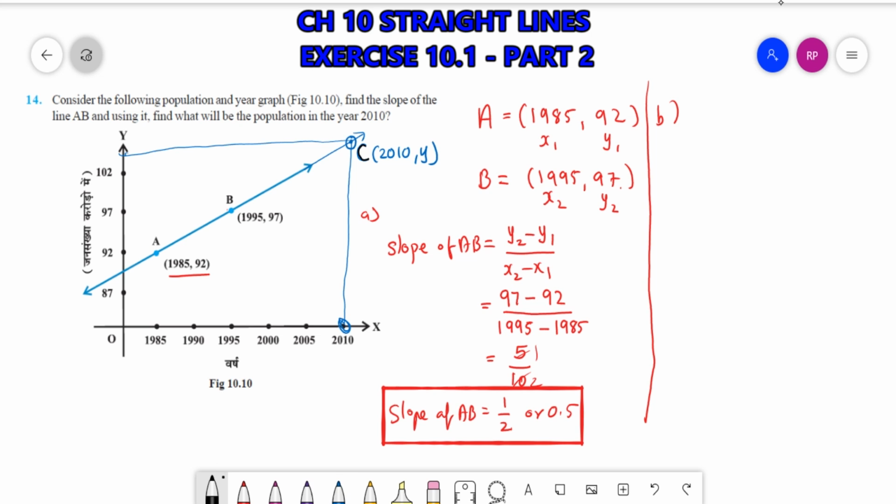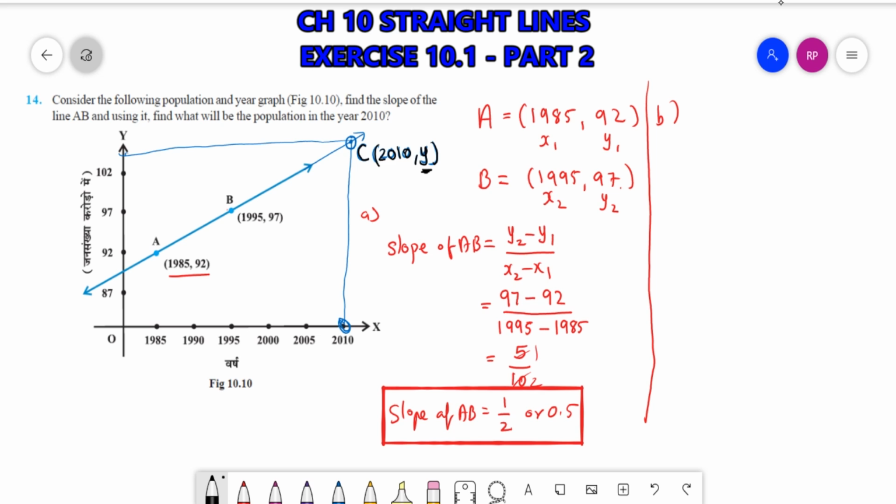So this is point C. Its x coordinate is 2010, and the y coordinate, let's take it as y. So what will be y? That will be the population, in crore.